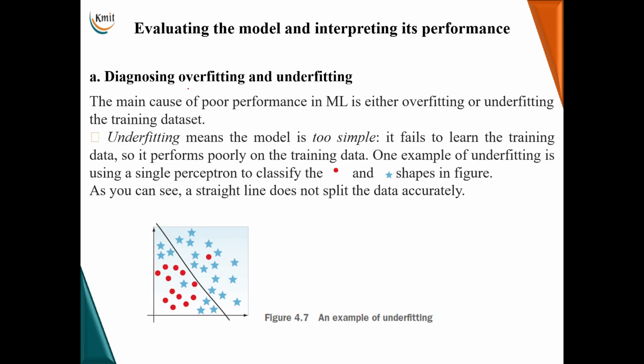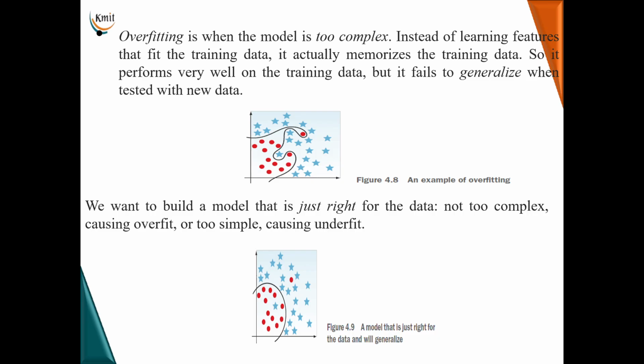Anyways, we have talked about these two terms, overfitting and underfitting, in the previous sessions. Let us just recap. Underfitting is when the model is very simple. As it fails to learn, it performs poorly on the training data. So it fails to learn all the data which is provided for training. Coming to overfitting, it is when the model faces a data set that is too complex.